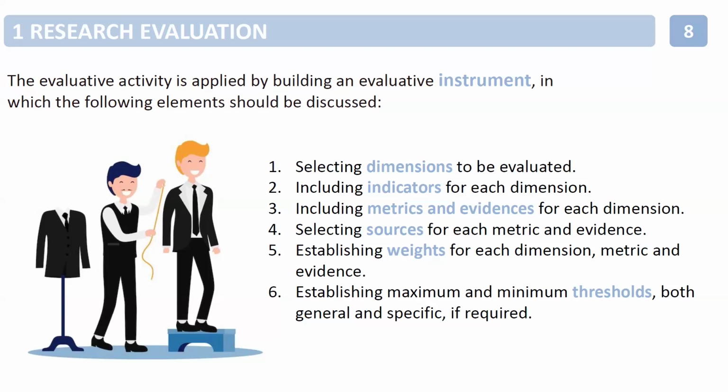So once we know that we need to assess activity, we need to identify specific dimensions related to activity, then specific indicators related to each of the dimensions, metrics related to each of the indicators, and so on. Obviously selecting the sources, and then establishing weights to create a score, because the instrument is based on a score to make a decision. And I will explain later. Obviously, all these weights are subjective.